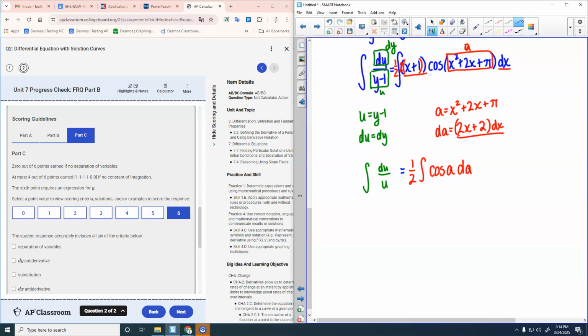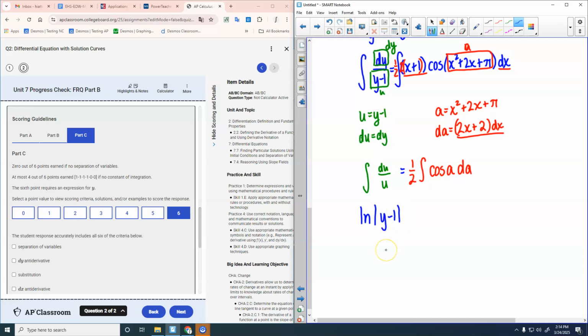Stop for a second, so make sure everybody's with me there. Okay, questions so far? All right. What do I get when I integrate du over u? Natural log of the absolute value of u. Are you guys all right if I go ahead and put that back in?